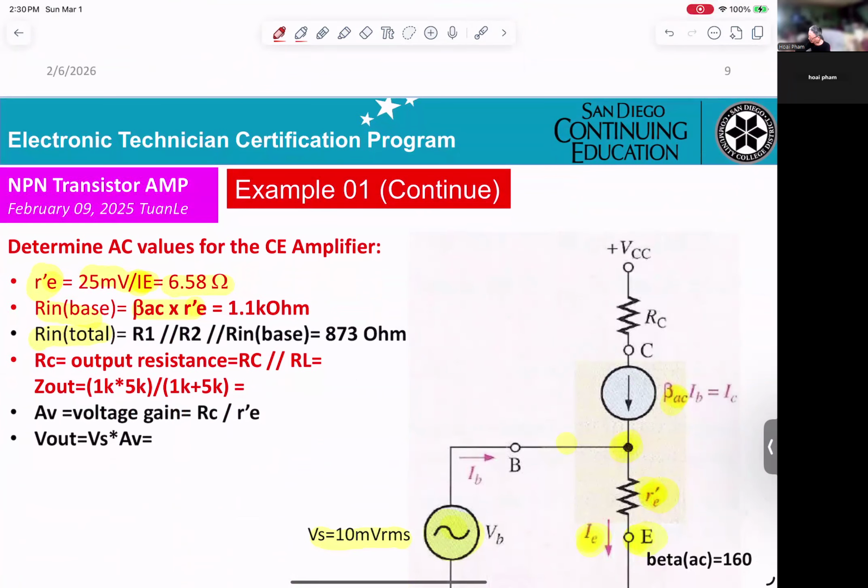At the base here, okay? R1, R2. And also, we get from the base to the emitter another one, R in base.